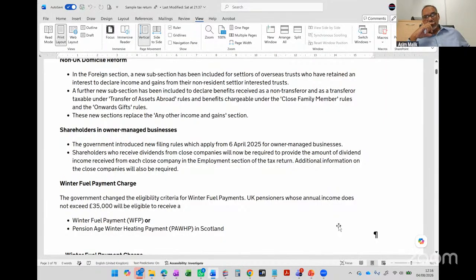Winter fuel payment, again, they make our life miserable in terms of bringing in more and more things. So last year, government announced that they are withdrawing winter fuel.